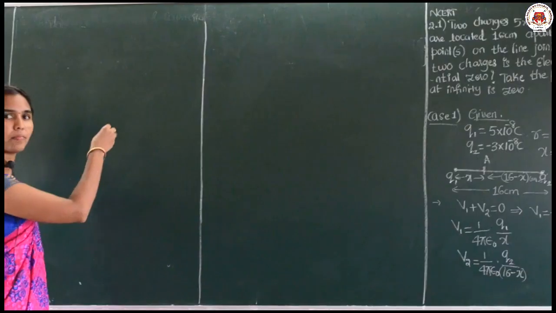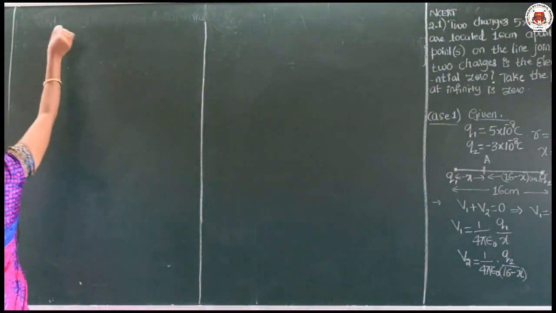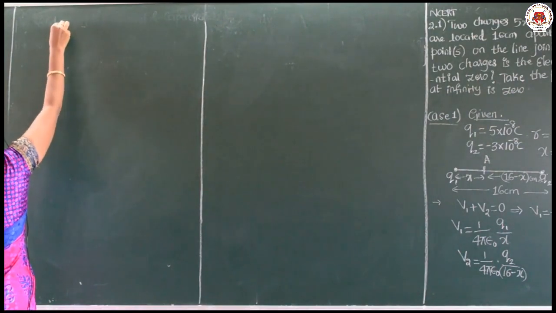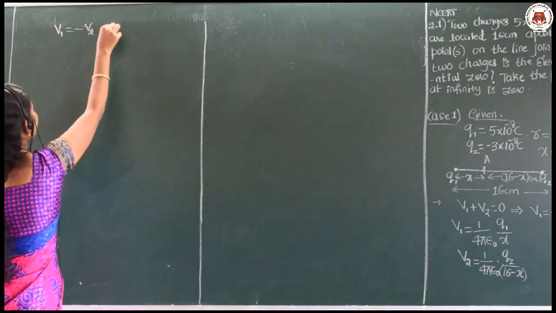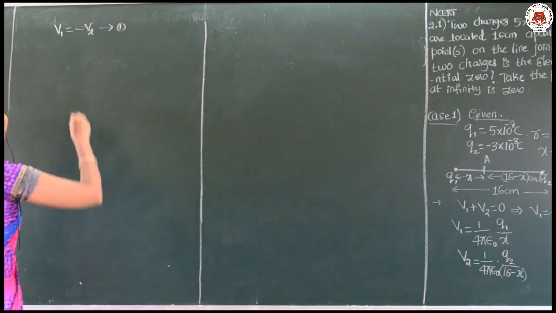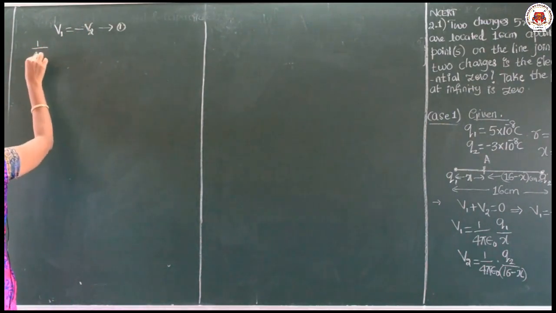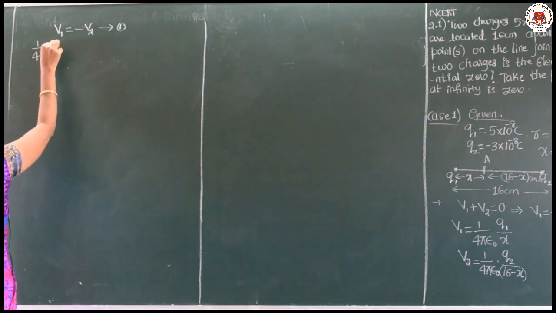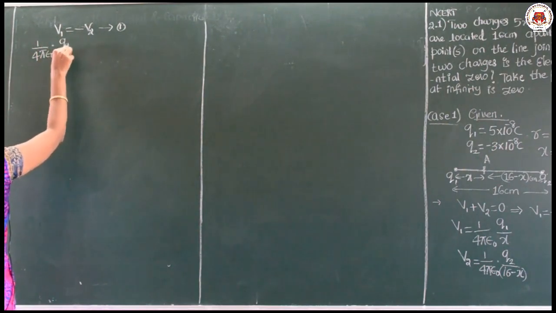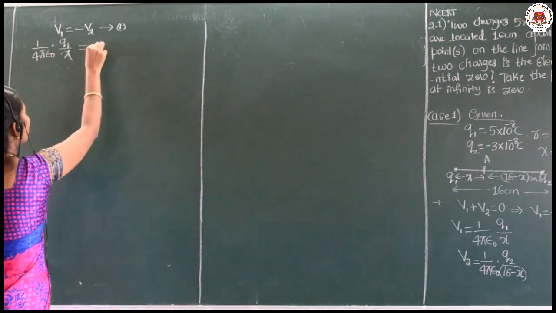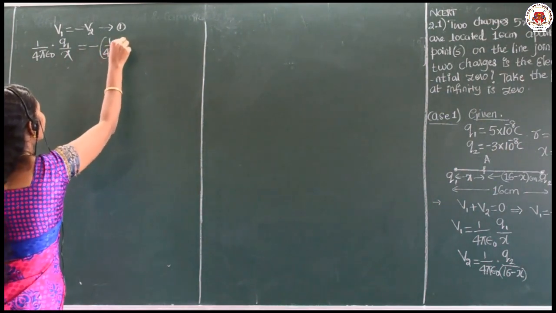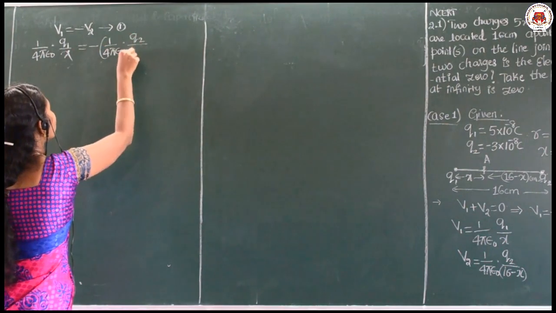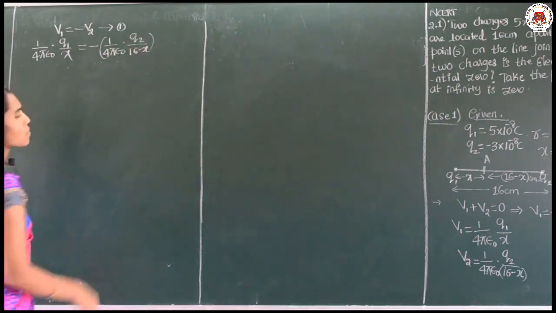Substitute both the things in the given equation 1, right? So, we calculated V1 and V2, substitute that in equation number 1. Here V1 is 1 upon 4 pi epsilon naught q1 upon x, which is equal to minus 1 upon 4 pi epsilon naught q2 upon 16 minus x.